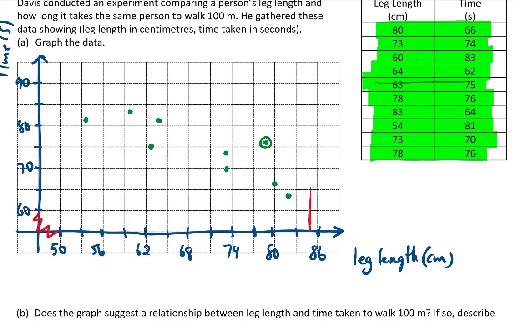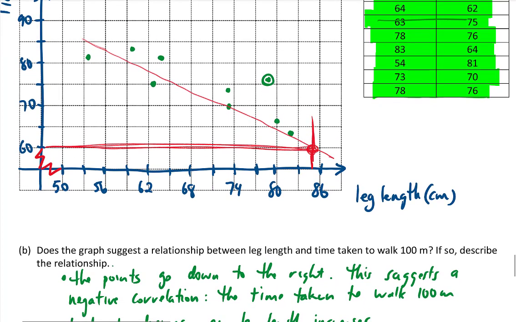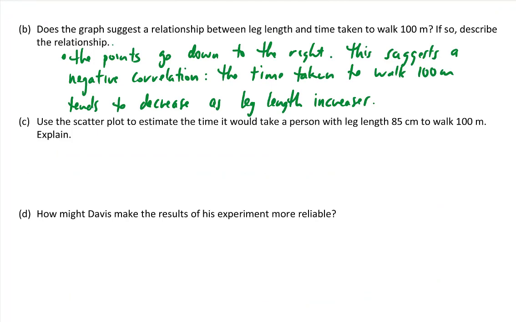All we would do is draw a line up, and then we'd say, well, if we were following the trend here, maybe a time of 60 seconds might work. Right now it's just a guessing game. But later on we'll look at how to do lines of best fit and how to approximate it a bit better. So we estimate that it would take a person with a leg length of 85 centimeters 60 seconds to walk 100 meters.